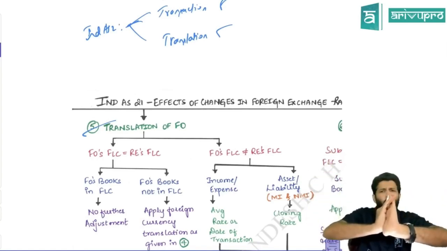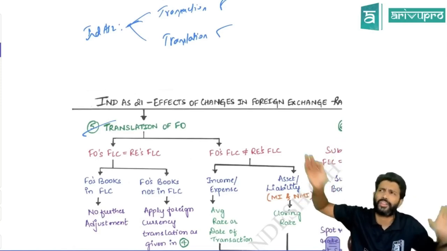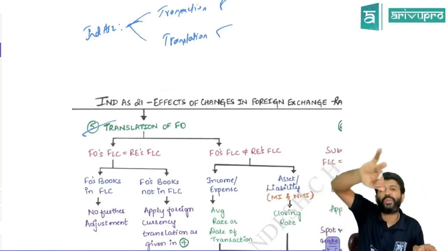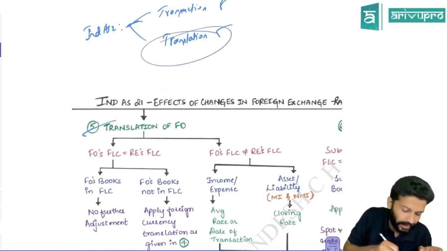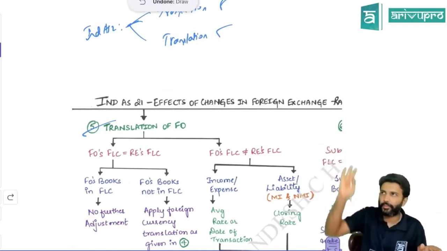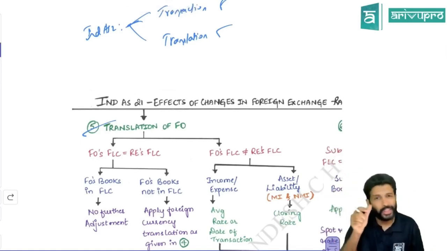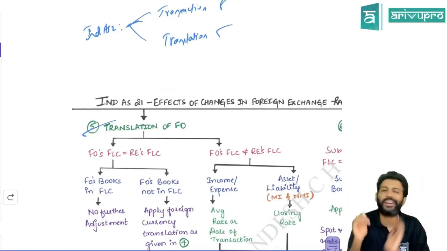Straight away, can we add? No. The parent's data is in Indian rupees. The subsidiary's data is in dollars. Can we straight away add? Not possible. That means the subsidiary's data you need to convert from dollars to Indian rupees. That is what we're talking about, translation. How do we translate from foreign currency to the functional currency of the parent? That's what we're worried about. For that, you need to know some rules, like what exchange rate to use. That we are discussing now.